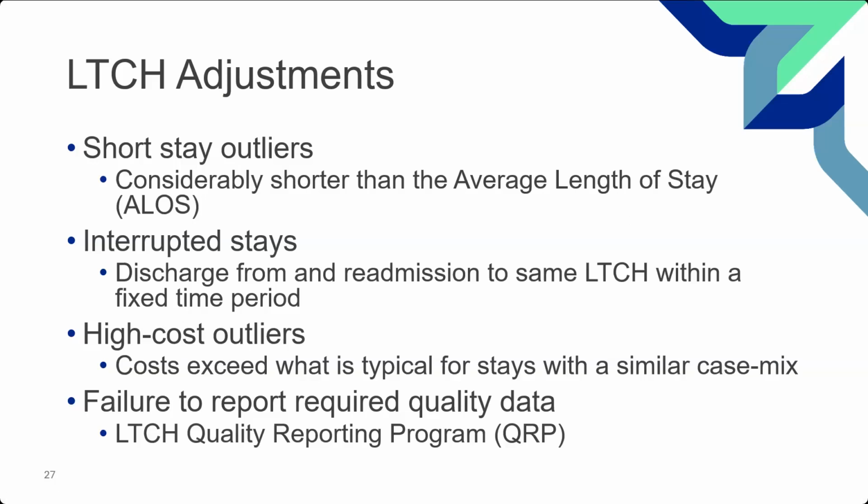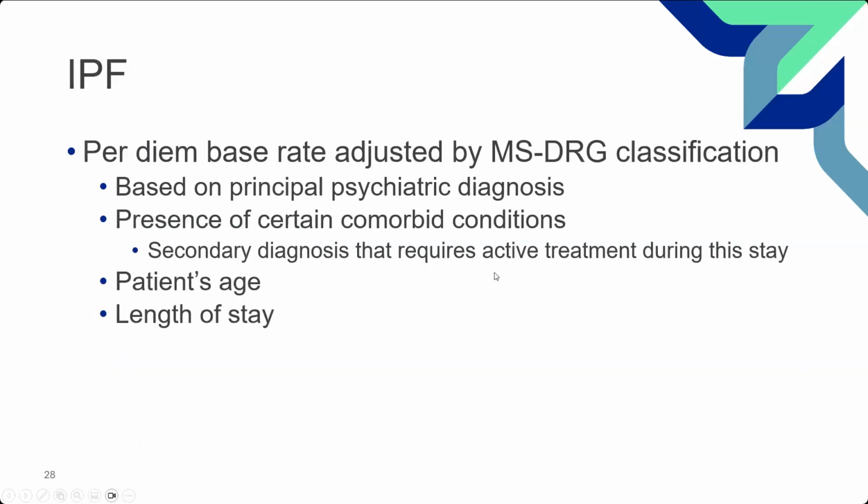These are things that you don't have in a typical case mix for that diagnosis, but they could be there, such as additional comorbidities or other situations that are going to cost more to care for that patient. And last, the failure to report your quality reporting. This will definitely bring down payment; we actually do have a negative adjustment that can happen if you don't report any quality measures.